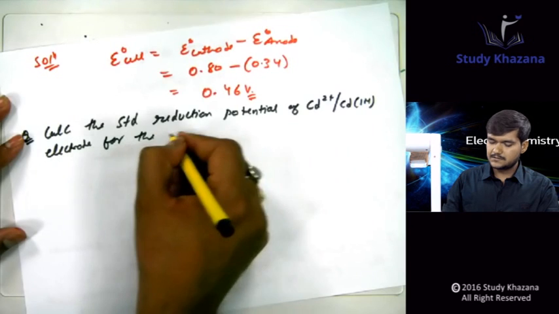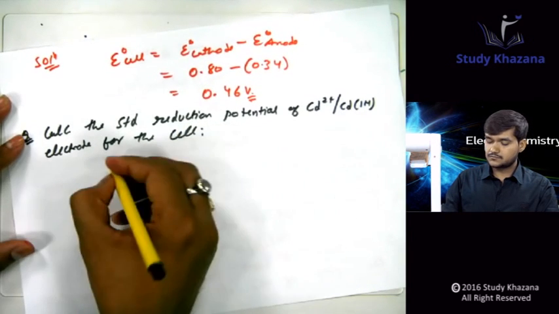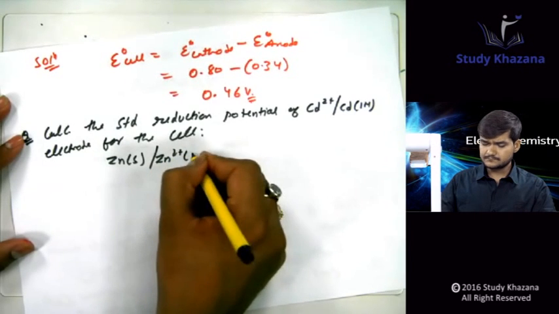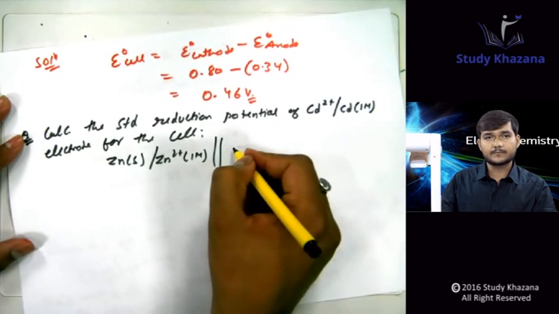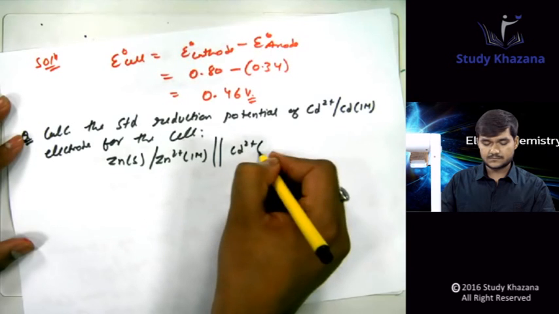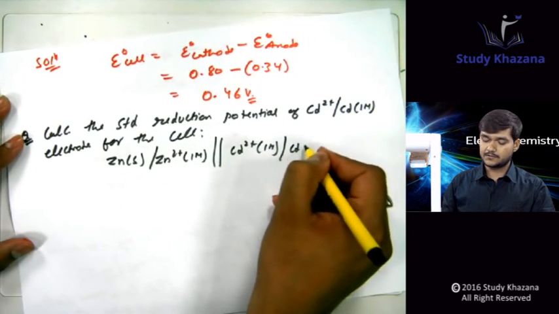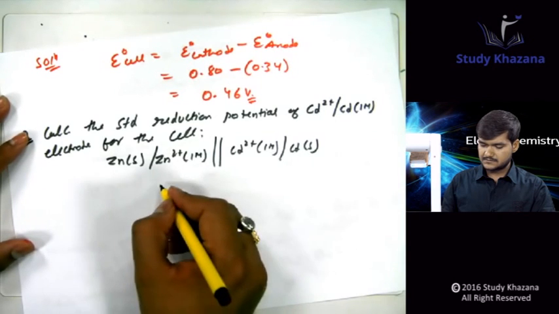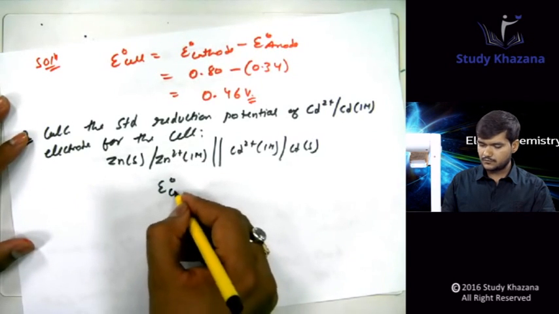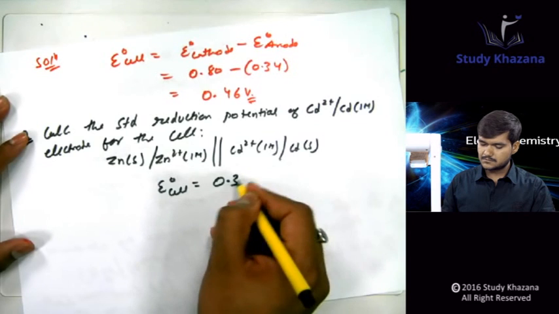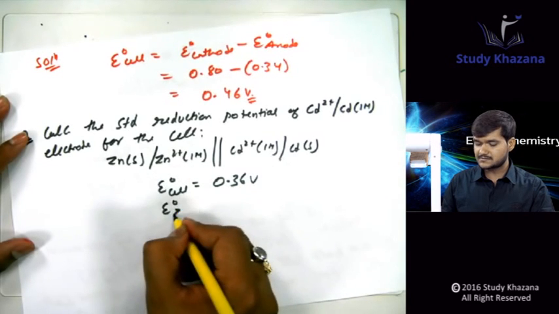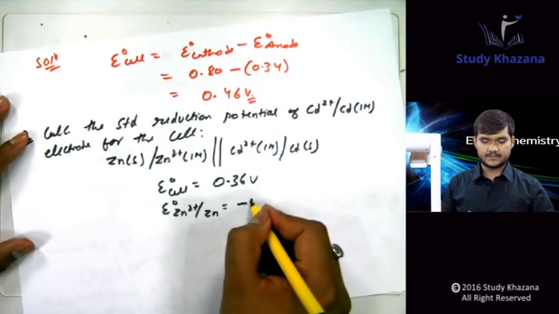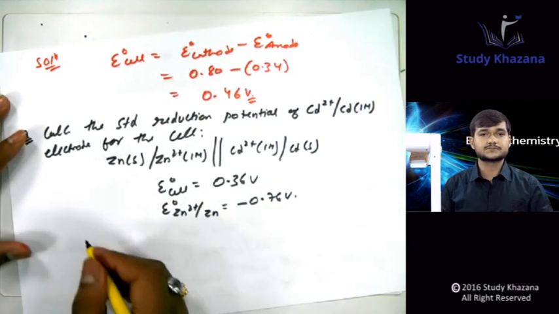So we have to calculate the standard reduction potential of this cadmium electrode for the cell. Now the cell is given: zinc solid, zinc 2 plus 1 molar, bridge, Cd2 plus 1 molar, Cd solid. Okay, and your E0 cell is given to you as 0.36 volt, and your E0 standard reduction potential for zinc is given to you as minus 0.76 volt. Okay, let us solve this question.